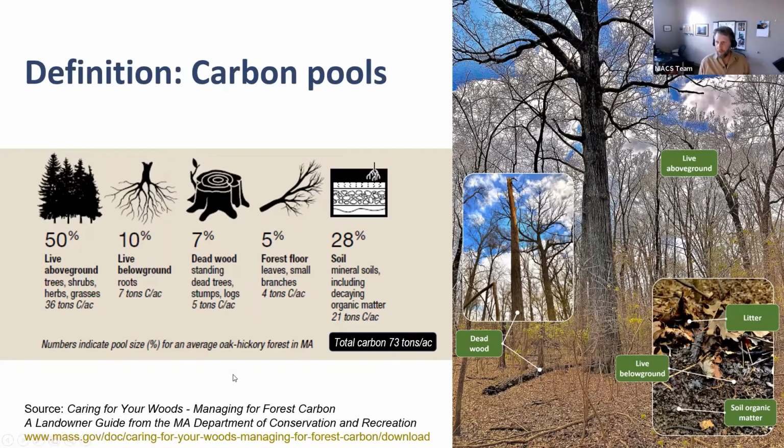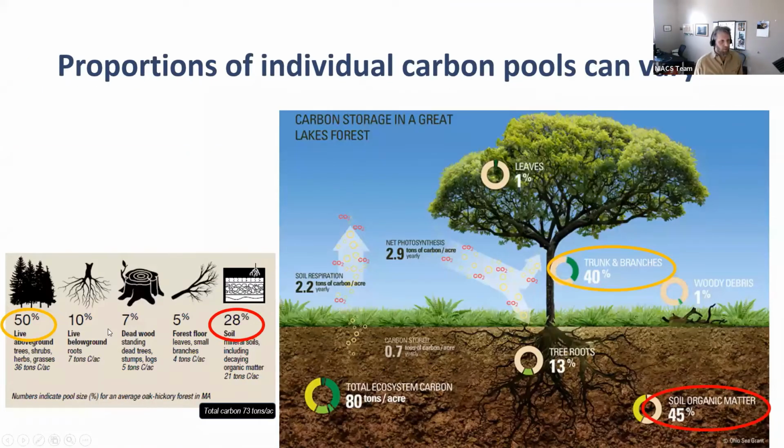These are just data from an average oak hickory forest in Massachusetts. And we recognize also that those proportions, as well as the total amount of carbon, can really vary depending upon a lot of different things.